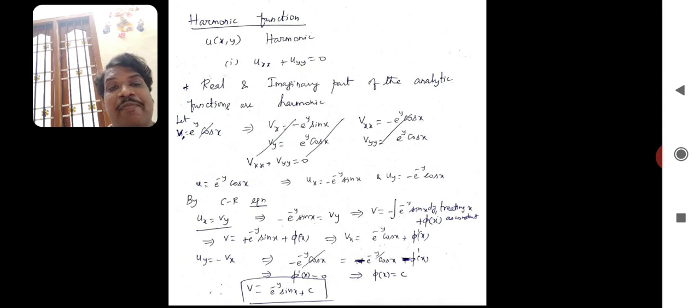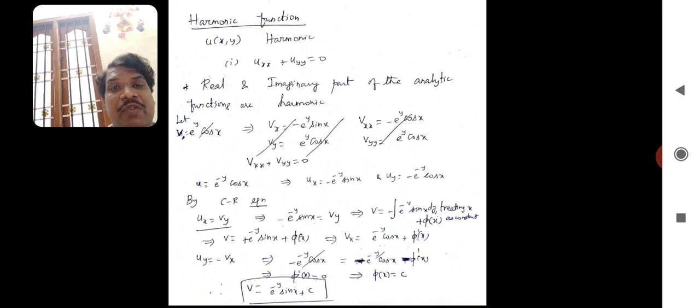If I multiply by the negative, I will get minus e power minus y cos x minus phi dash of x. Now we can cancel minus e power minus y cos x on both sides. After cancellation, I am getting minus phi dash of x equals 0.